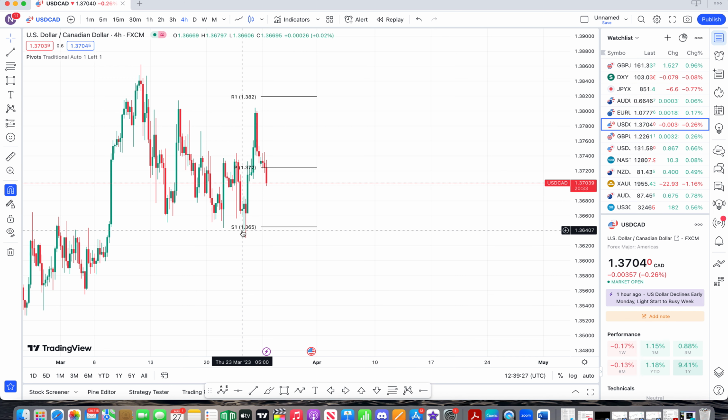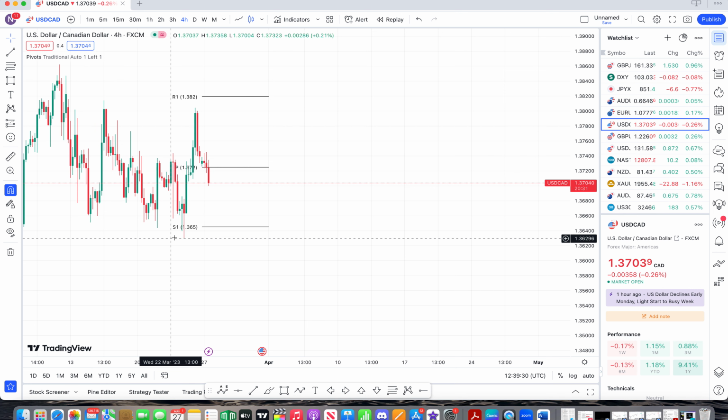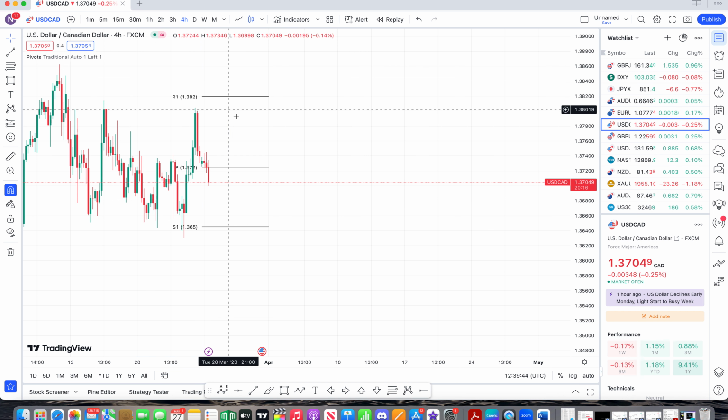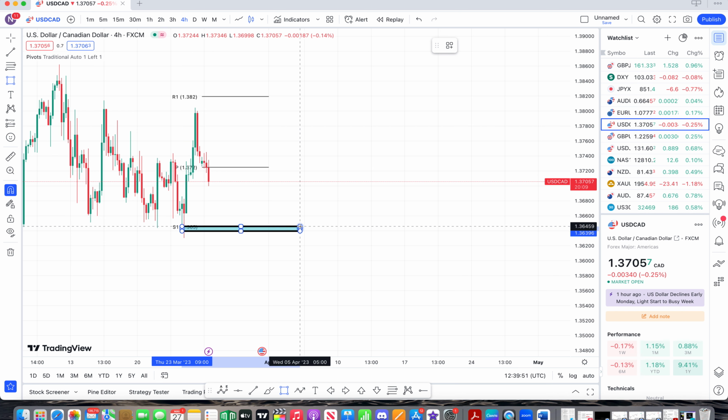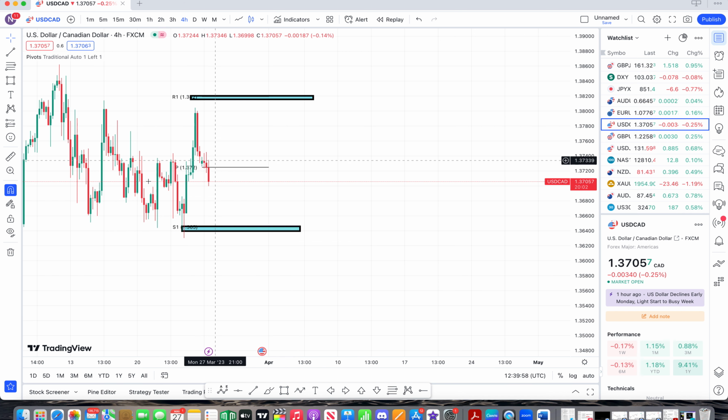So this key area, and I'm on USD/CAD, is 1.365. The other one is 1.372, and then you have your resistance at 1.382. So this is your whole zone if you choose to use the style. So I will go ahead and mark it off, your horizontal box. You know that there's something here for stronger support, and also something here that's blocking you there, and also you have your pivot.